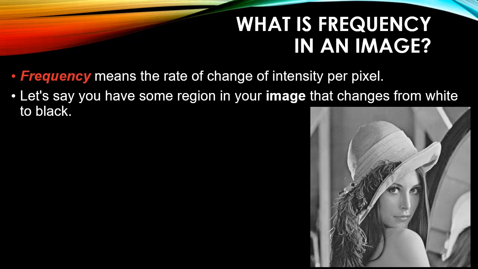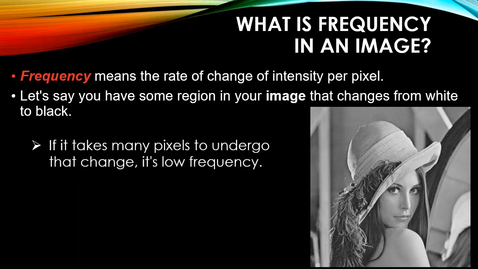So in this image, you have a lady in the front and you have many objects in the background. So if it takes many pixels to undergo that change, it's low frequency. So this is what we define as low frequency in an image, if it takes many pixels to undergo that particular change.